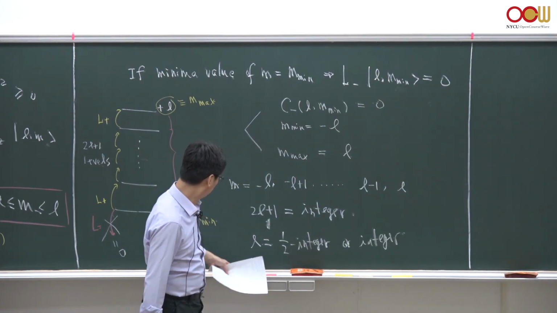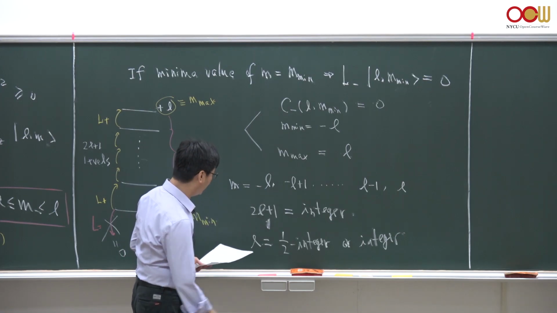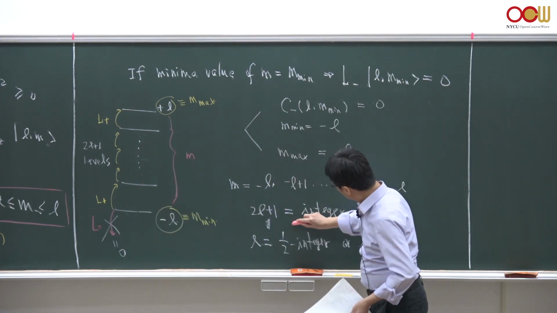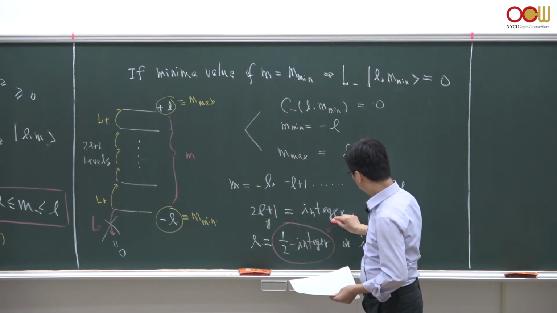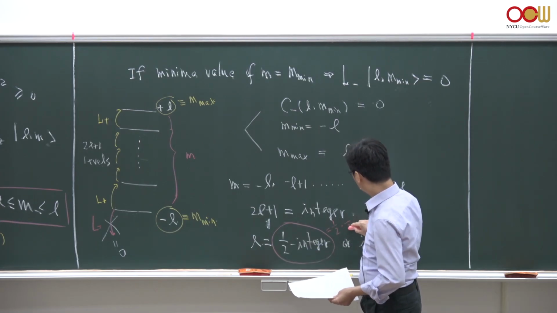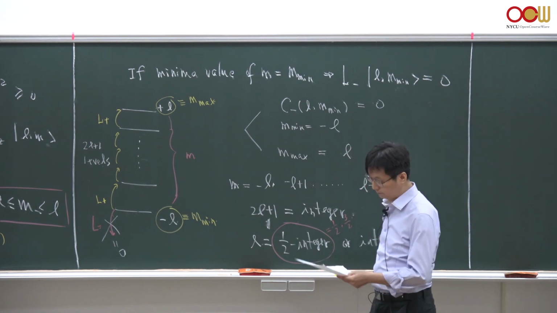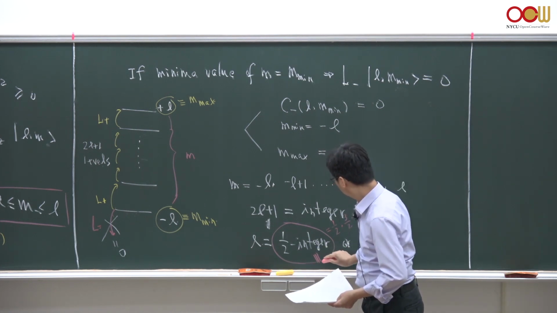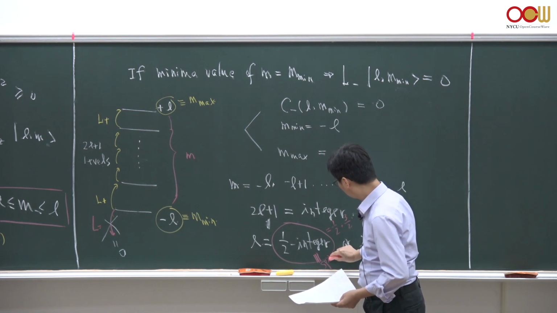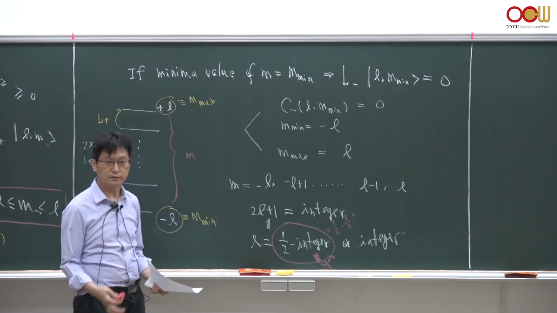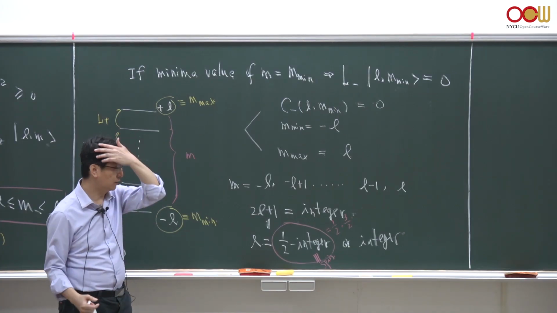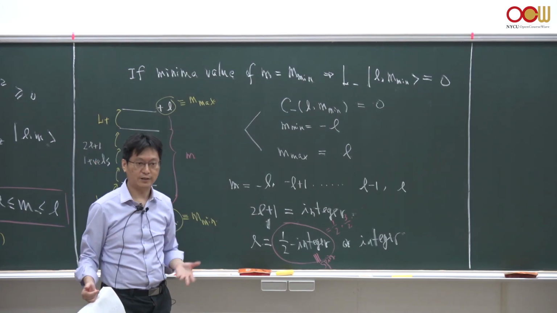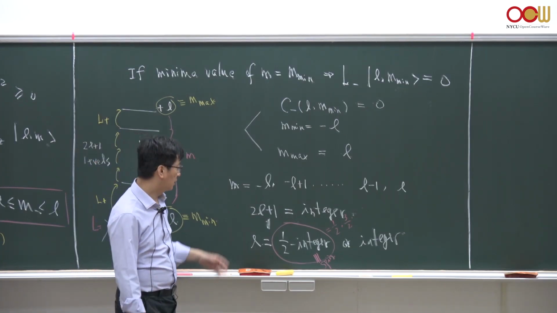We'll see in a future chapter when we talk about the spin, this situation where L equals half integer, for example, 1/2 or 3/2 and so on, we could define this spin quantum number. In other words, the spin is a particular type of angular momentum, and the spin operator is the same as the angular momentum operator.